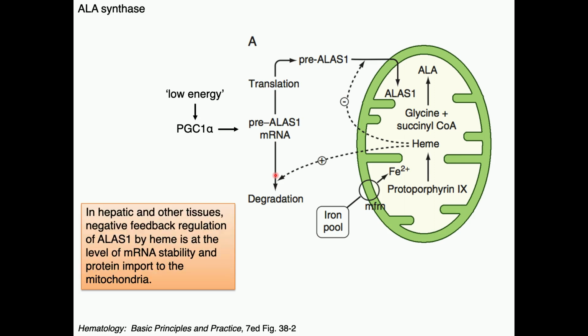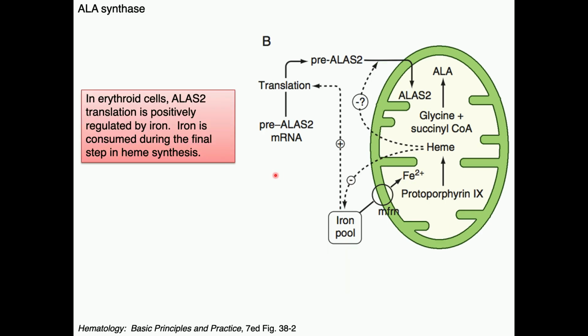Okay, where we were going was ALAS1 versus ALAS2 and the regulation. So ALAS1 expression and activity is directly regulated by heme. And in ALAS2, the regulation is through the intracellular iron pool.